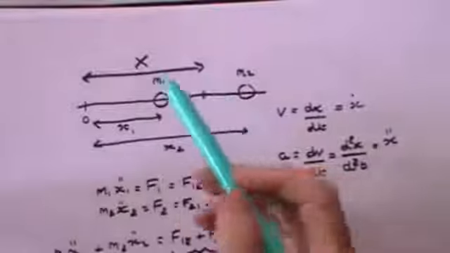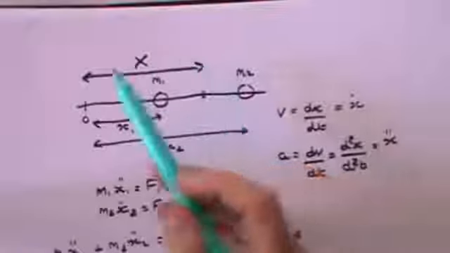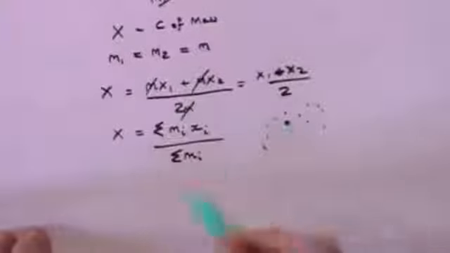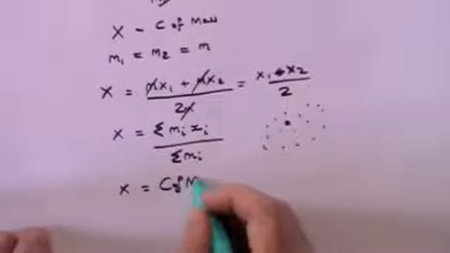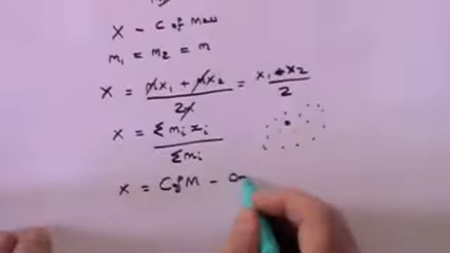So what we're saying is that the distance capital X is the distance of the centre of mass from the origin. Right, so let me just write that down again. X is equal to the position of the centre of mass minus the origin.